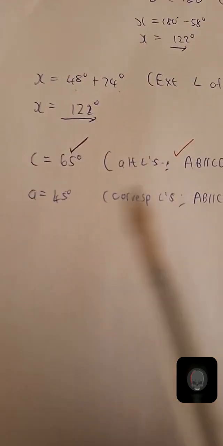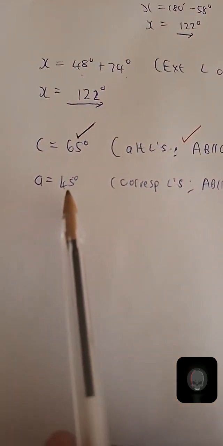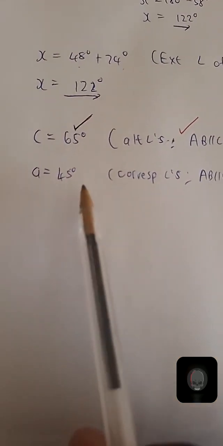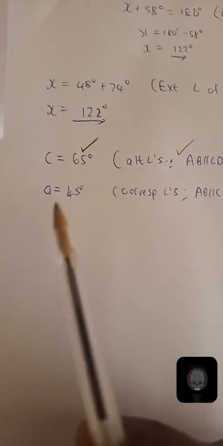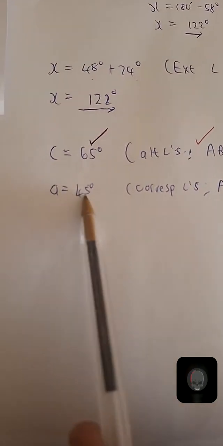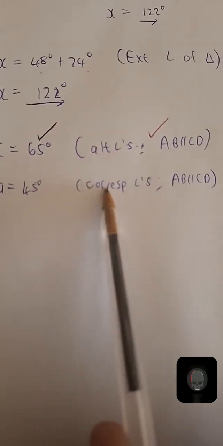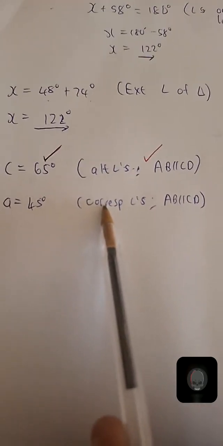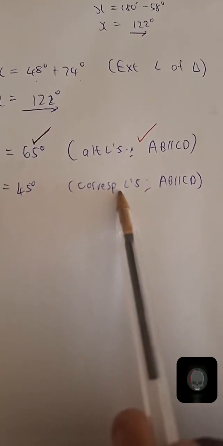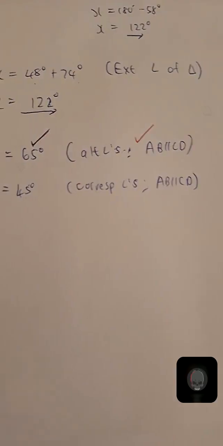AB parallel to CD. This is basically what this man is saying here. I don't know if he's correct or not. I'm still shaky myself, but let's check. He's even supporting his notion by saying corresponding angles, and he's stating the lines that are parallel.